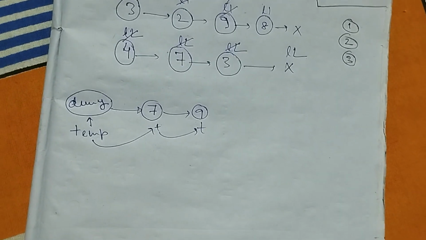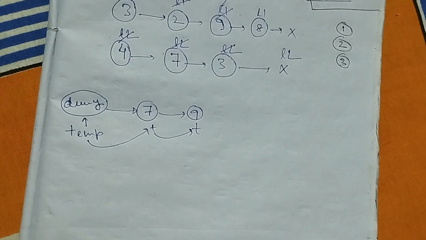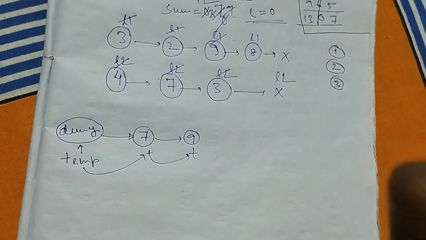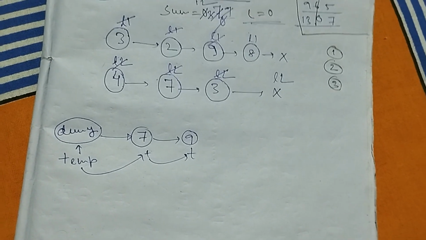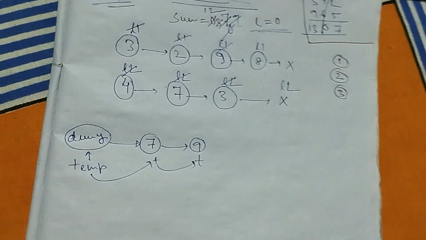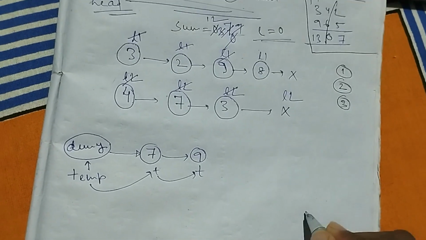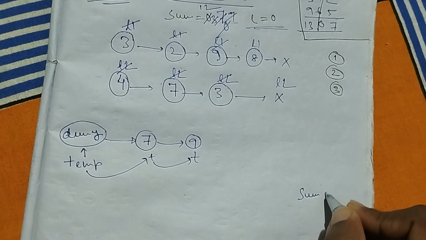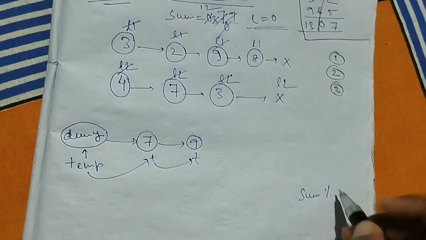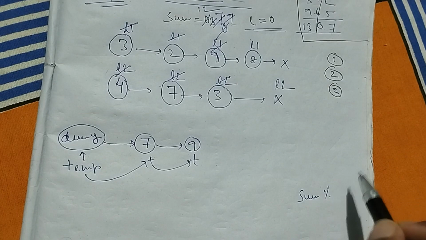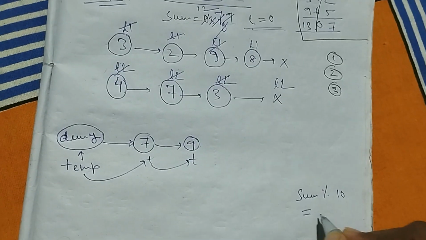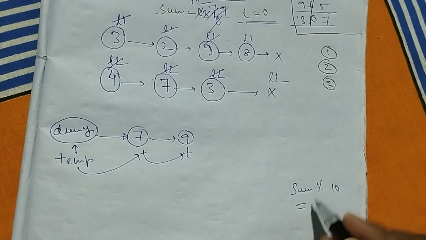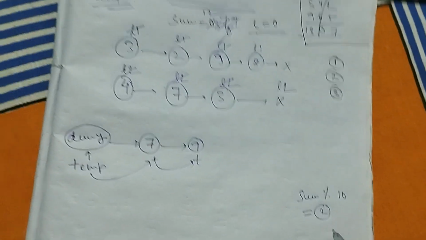No, we can't, because the question clearly mentions that we can only store a single digit in a node. So in that case, what we're going to do is sum modulo 10, and in the case of 12 it returns 2. So this will be our new node.